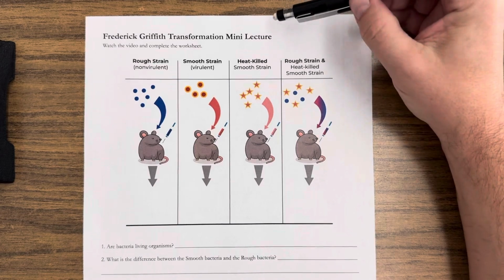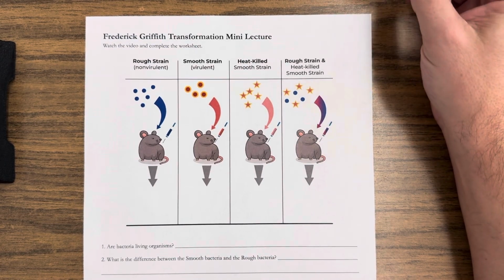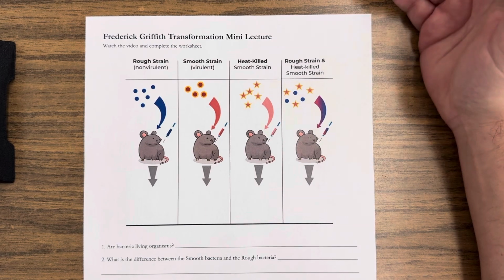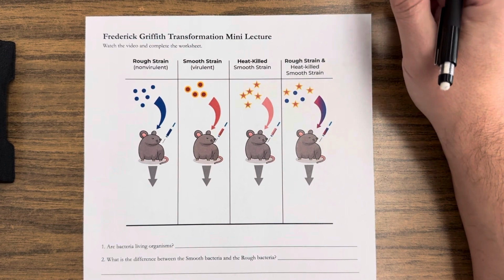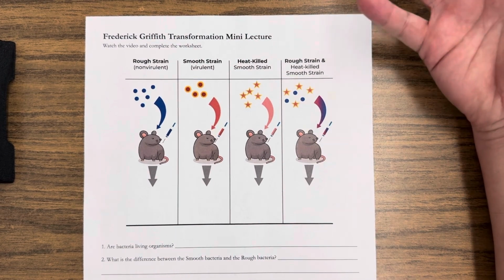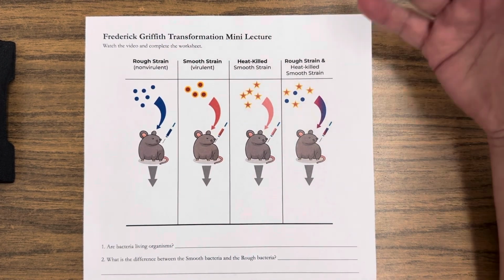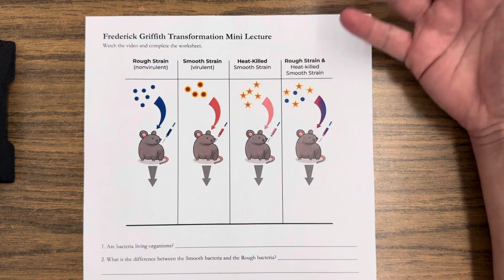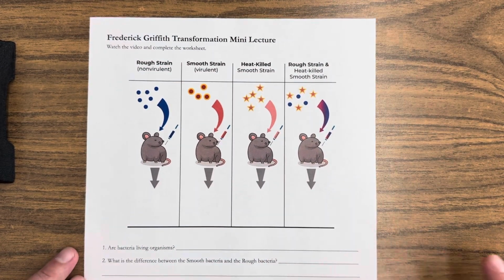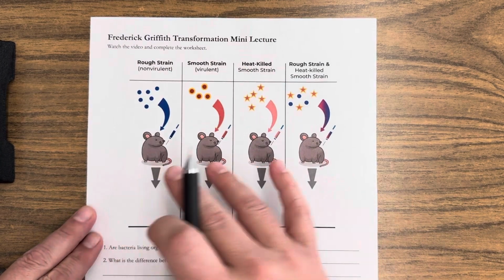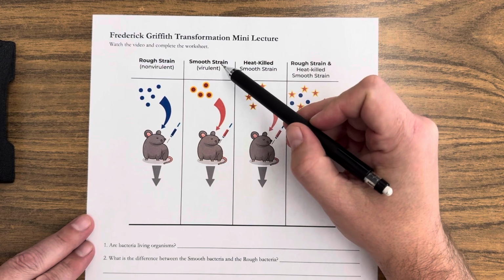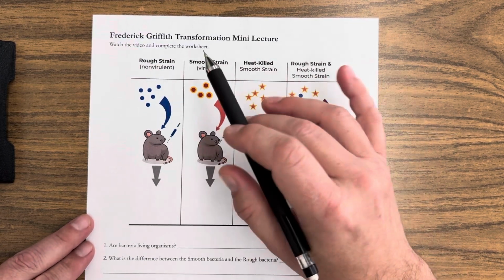Frederick Griffith was a scientist in the early 1900s, and he was studying different forms of bacteria that were involved with pneumonia. So people getting sick and getting pneumonia, which actually still kills people on a regular basis. And these two strains that he was looking at, a rough strain and a smooth strain, were only slightly different.